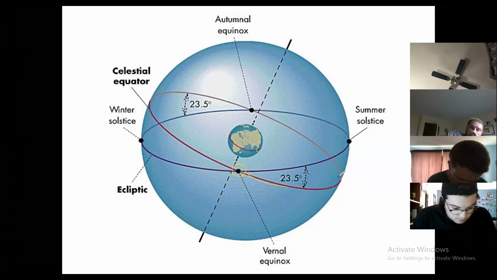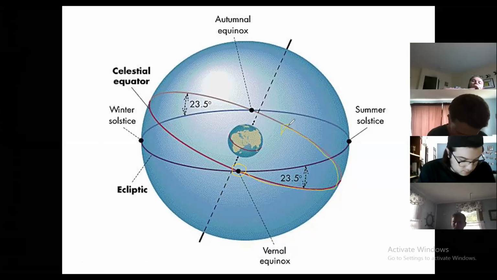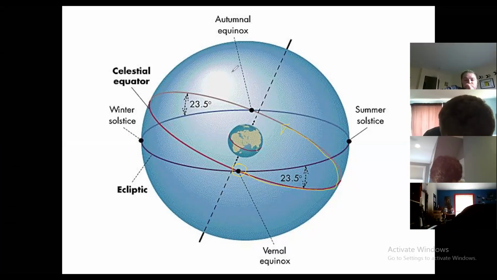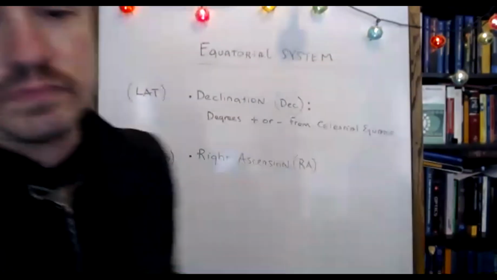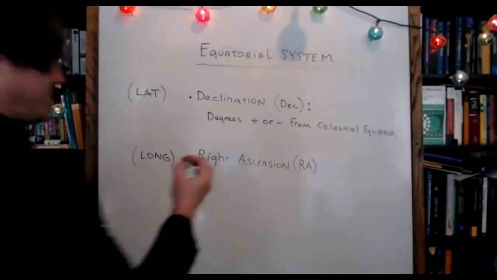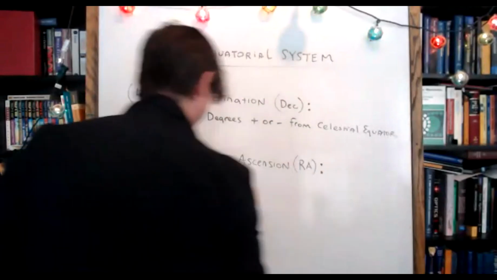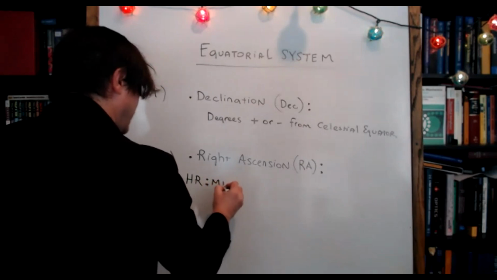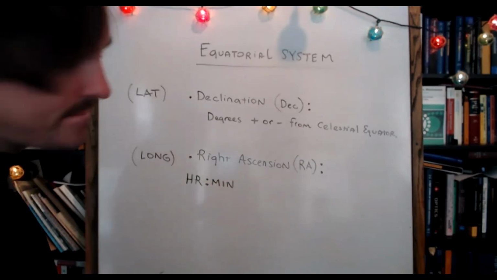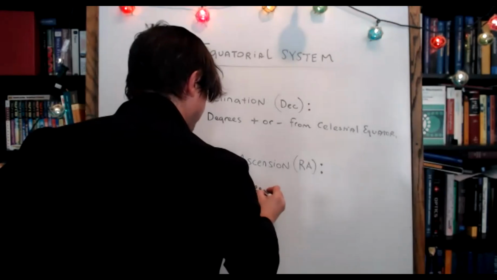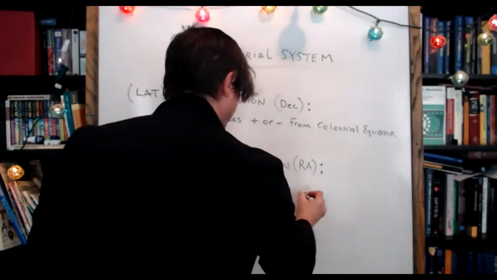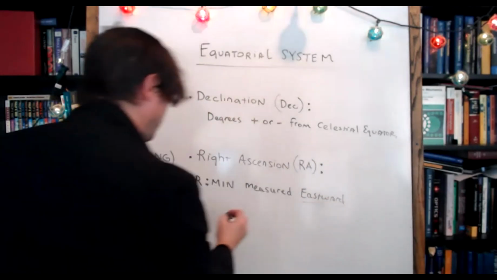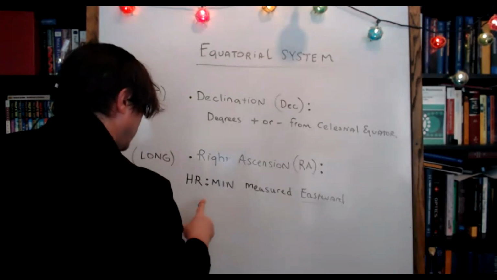Eastward is counterclockwise along the celestial equator as seen from north. Here's the definition of right ascension: it is the hours and minutes of a star measured eastward from the spring equinox.